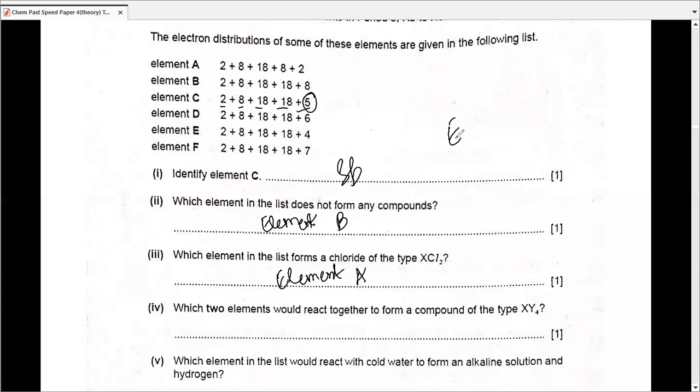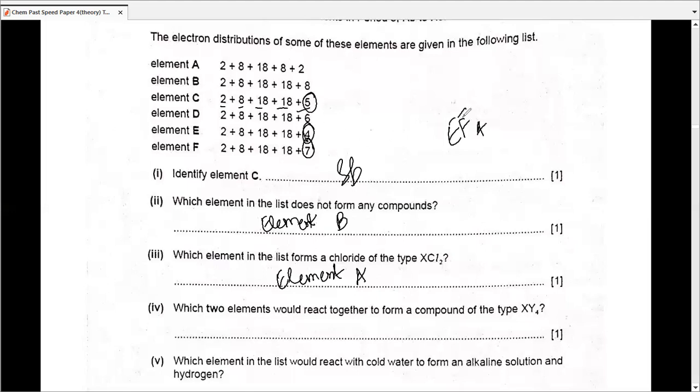Element E and element A. No, that's not right. A is not correct. E is correct. E and F. Come on. EF4. This needs only one electron to fill its outermost shell.